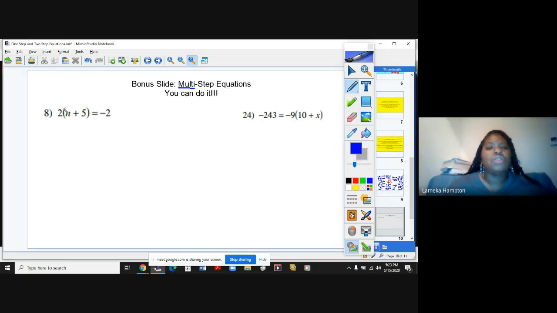So the word distribute means to give. So what we're going to do, we are going to give the outside number to whatever is on the inside via multiplication. So I'm going to multiply this 2 times n, and then I'm going to multiply this 2 times 5. Okay, so that's my first step.